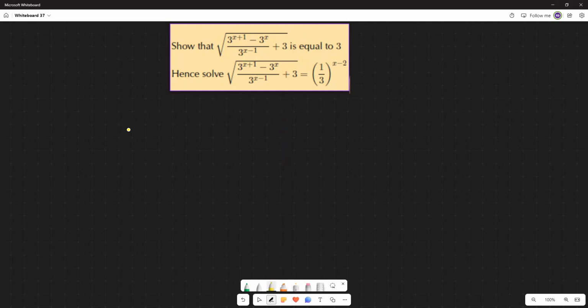So here I have 3 to the power x plus 1 minus 3 to the power x. Remember, I said this in our previous lessons on exponents. When you have a plus or a minus separating exponential terms, you know you have to factorize. It can either be a common factor, a trinomial, or difference of 2 squares or whatever.